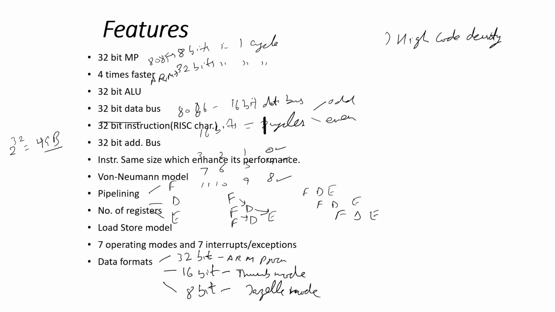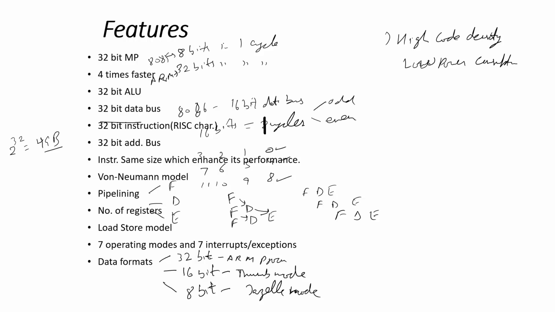Next is low power consumption. And no special power supply is given to ARM processors, so most of the ARM processor based machines are battery operated.